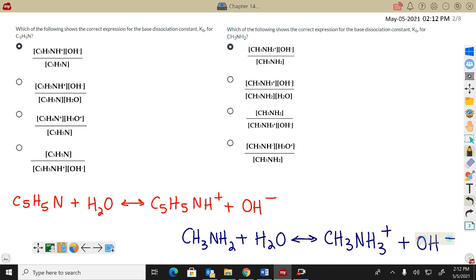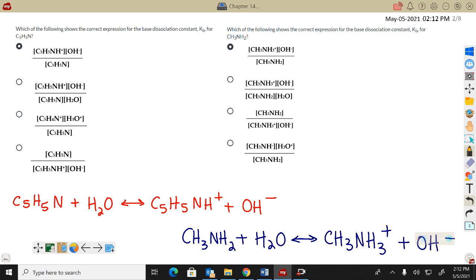You would have had one of these where we were looking for the expression for Kb, which did kind of require you to write the equation. And so if they're telling me Kb, then I know that these solutions would be basic, right? So the definition of a base is a particle that removes hydrogen.